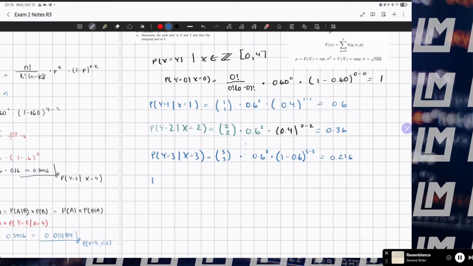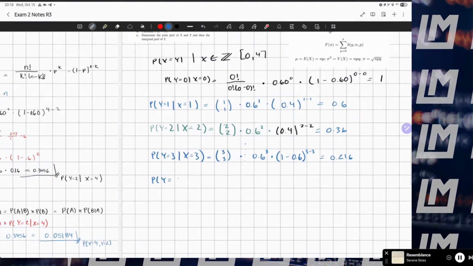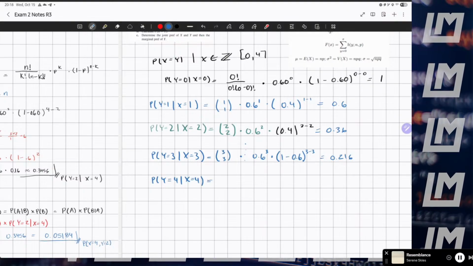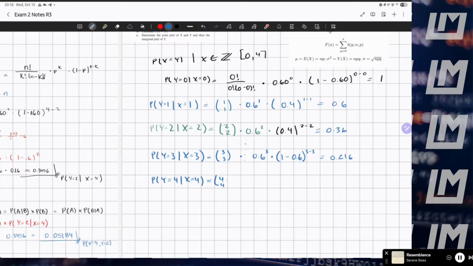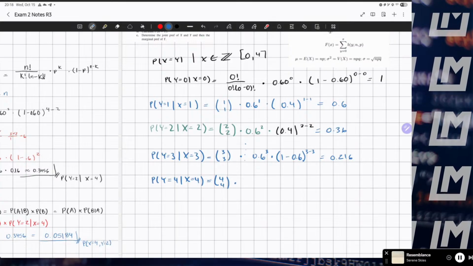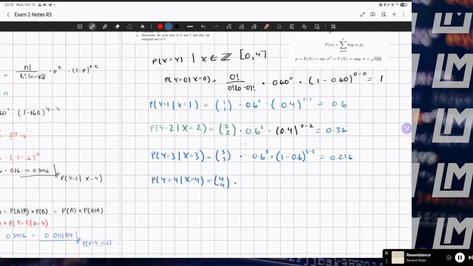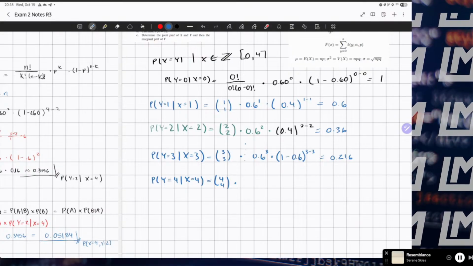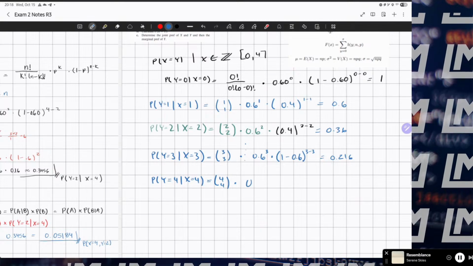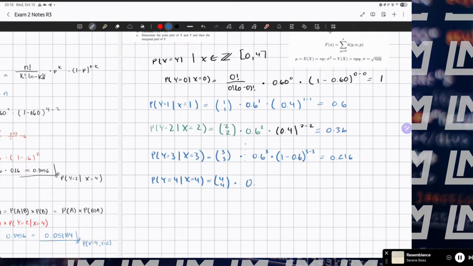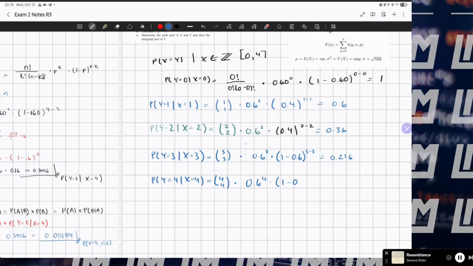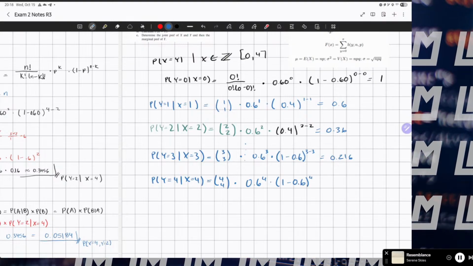Now for the probability, this is the last part finally, for y given x equals 4, is equal to the combination of 4 over 4, which is also equal to 1, times 0.6 to the 4, times 0.4 to the power of 4 minus 4.